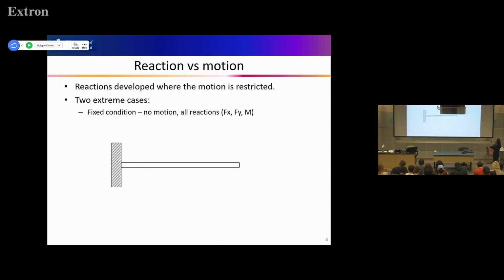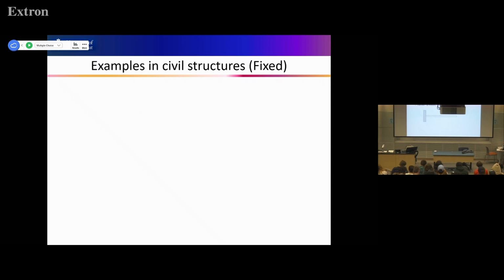So in 2D we have forces in x direction, y direction, and also moment, three reactions for the fixed one. And then the right side is free and all directions of motions are allowed, right? Translation, right? If there's thermal expansion, right? And then rotations are allowed, so there's no reaction. Okay? So if you remember this, you can correlate with these two extreme cases.